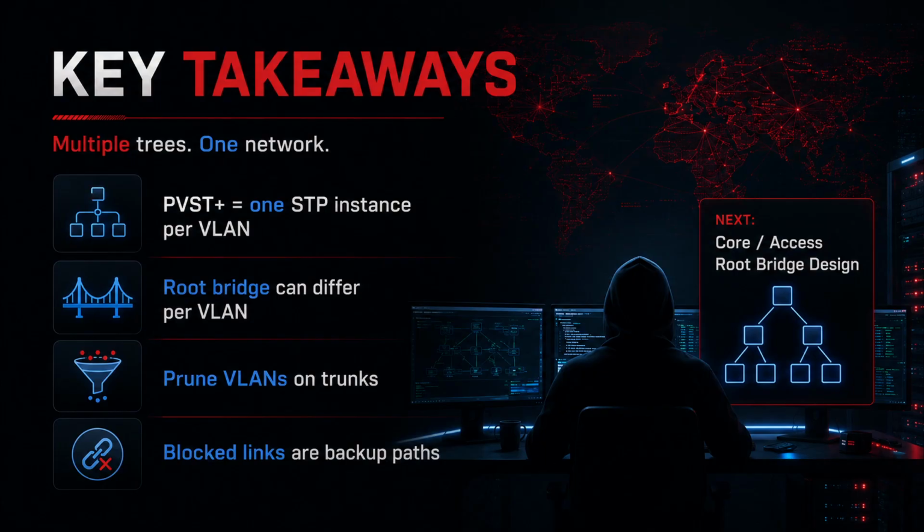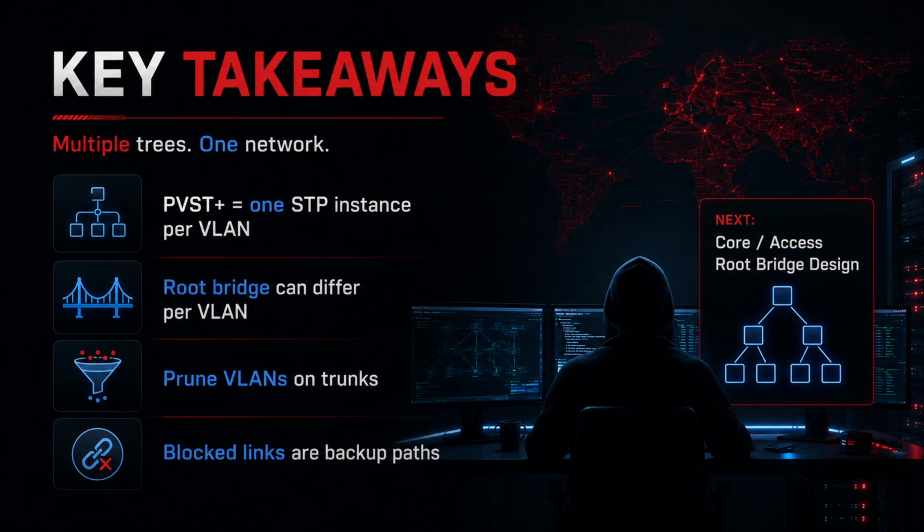That means VLAN 10 can have its own root bridge and one forwarding path. VLAN 20 can have its own root bridge and its own forwarding path. In our lab, switch A was root for VLAN 10 and switch B was root for VLAN 20. That shows how the same physical topology can support different logical layer 2 topologies.